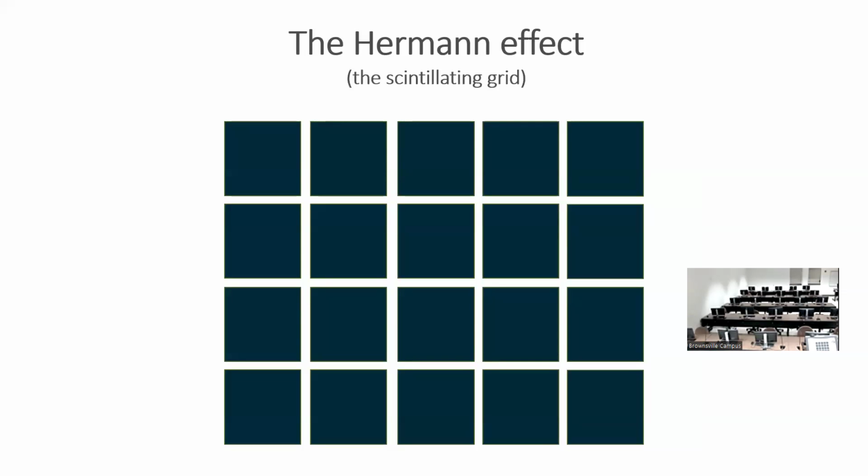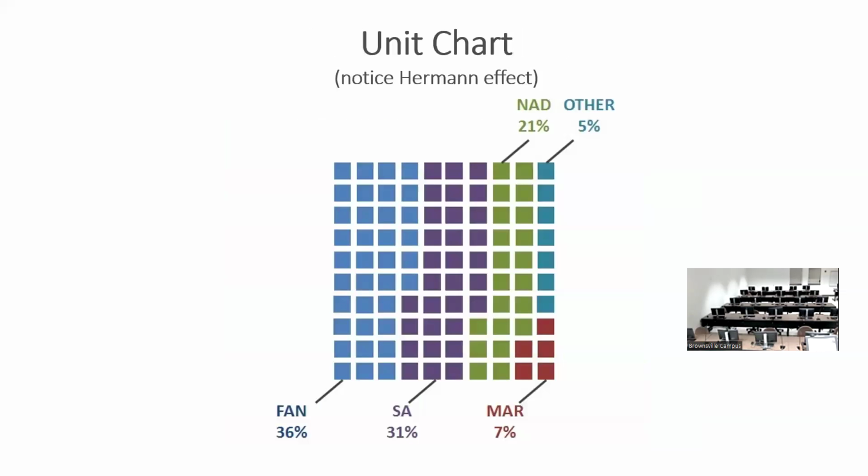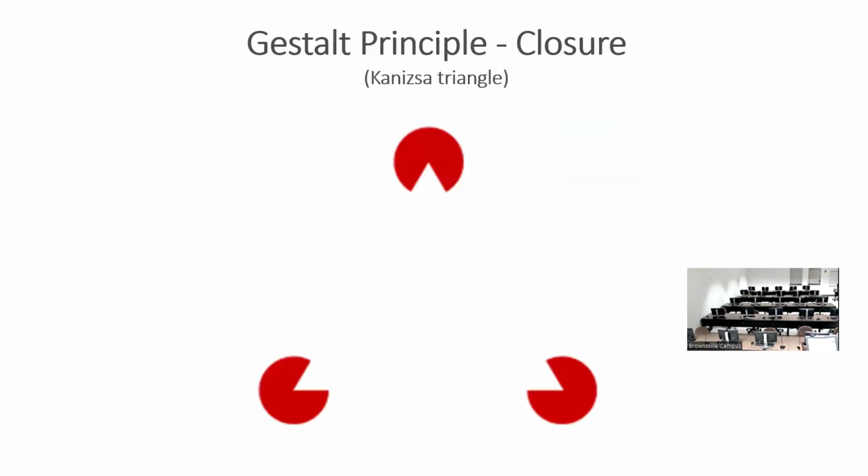Our goal is to avoid such visualizations when we are creating our own. An example of a chart is the unit chart that some visualization software provide the ability to build. We should try to avoid and mitigate this issue because it's distracting from the story we want to tell.